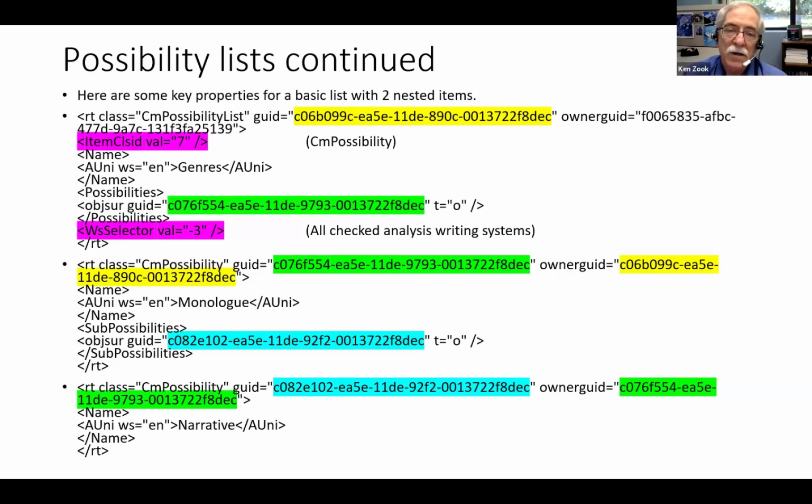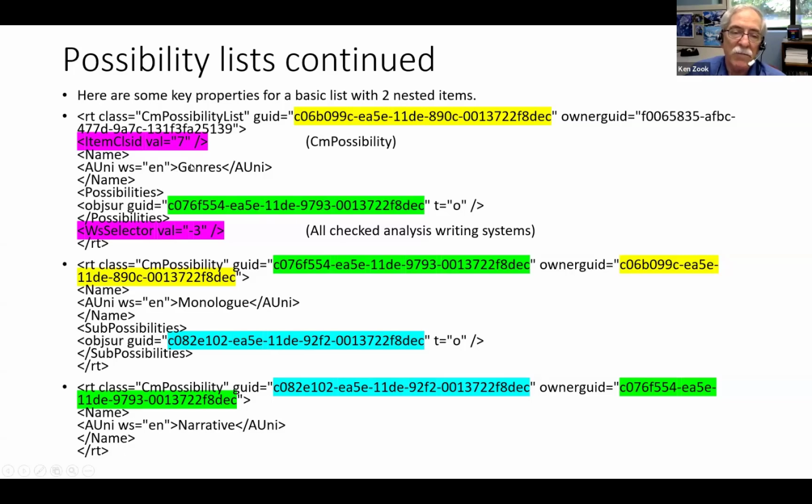So here's some key properties for a basic list with 2 nested items. We have the CM possibility list right here with this GUID, and it has a class of item class ID. I'll mention that in the next slide. And it also has a WS selector, but then it has possibilities.